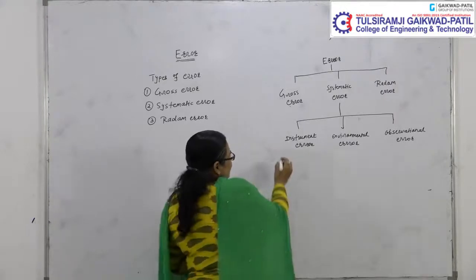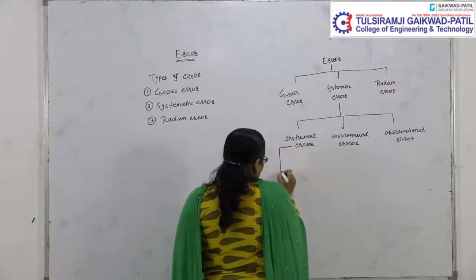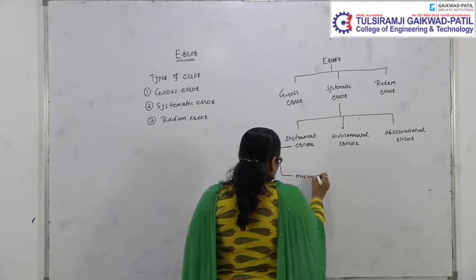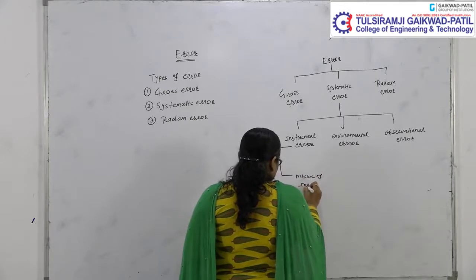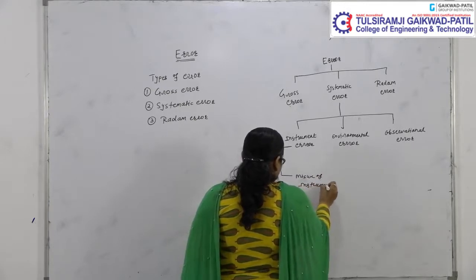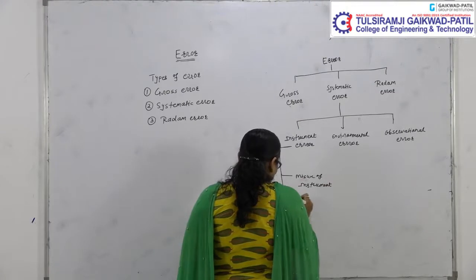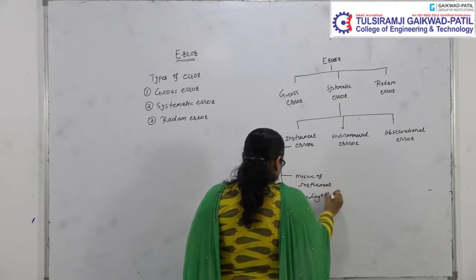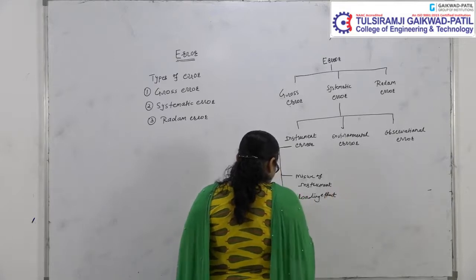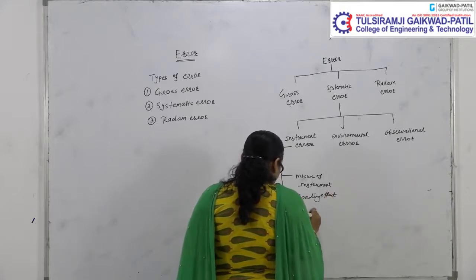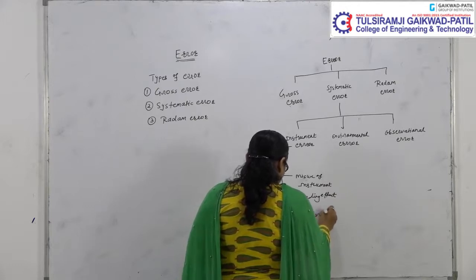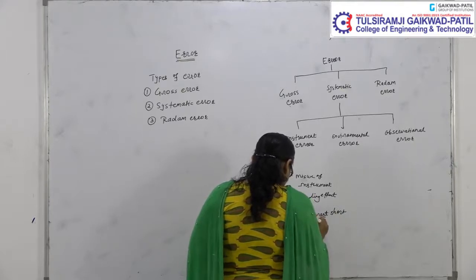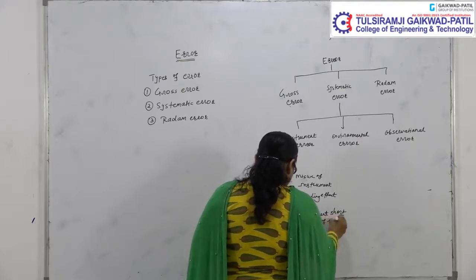Again, this environmental error can be divided into 3 categories, that is misuse of instrument, loading effect and inherent shortcomings of reading.